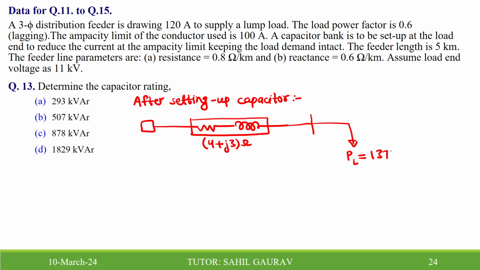PL is 1371.78 kilowatt and QL we found 1829 kVAR, and this capacitor bank is installed. So we have to find the capacitor rating. First we will find this QC, and then we'll find the capacitor rating.